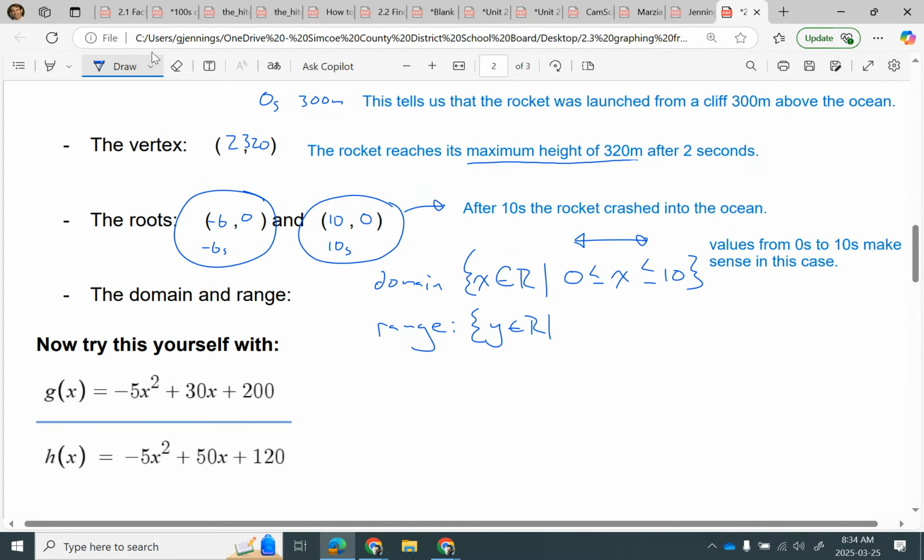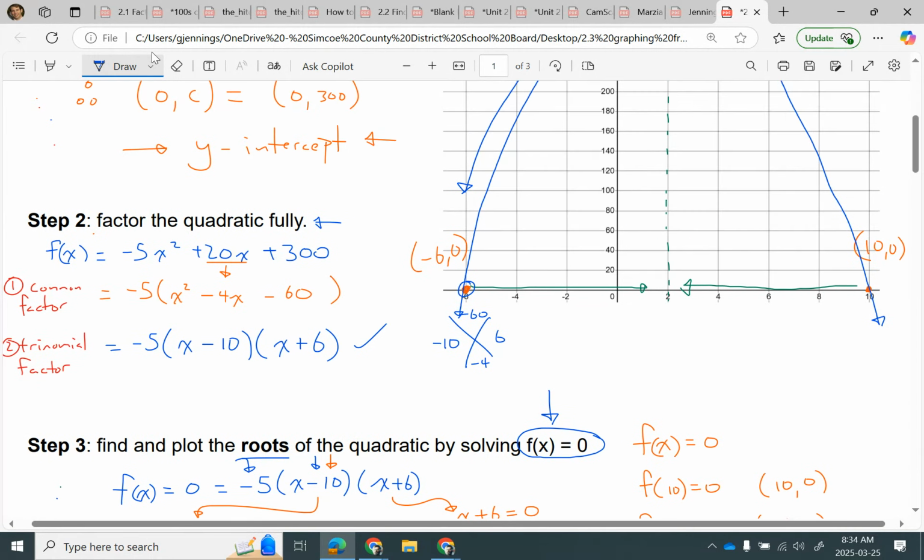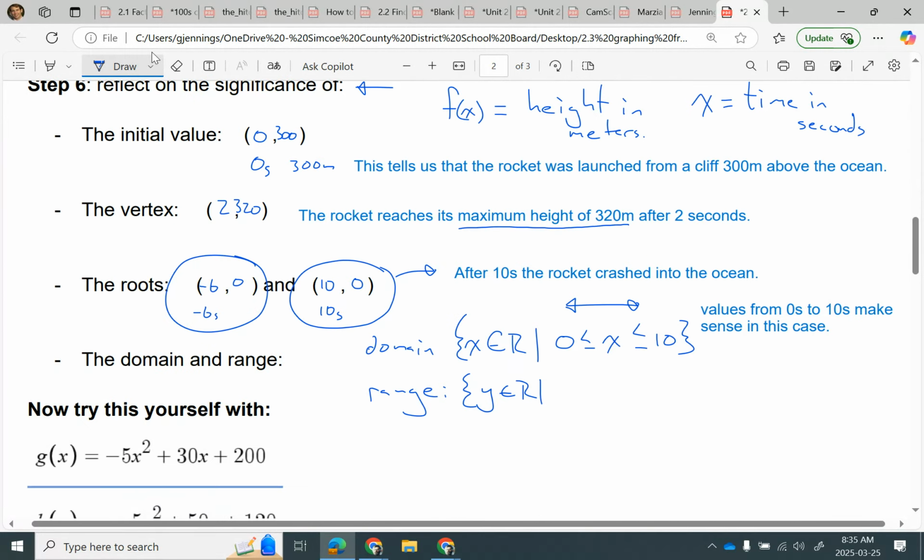What's the minimum height that this function models for the rocket? 0. Yeah, we can go up and we can see, we're pretty reasonable right up until about that point. This bit down here doesn't make sense. That's like it dives into the water or it goes into the cliff or something like that. So 0 is the minimum.